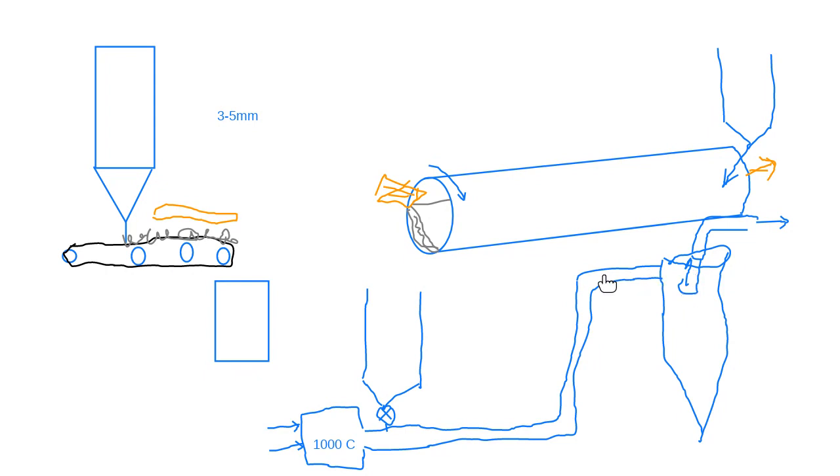Here are the particles and the hot gas. Dry particles and hot gas are entering the cyclone. These particles are entering tangentially, so they turn around inside the cyclone. They get blown in a circular motion, and the flow of gas will be downwards because the gas can only go up through this pipe.